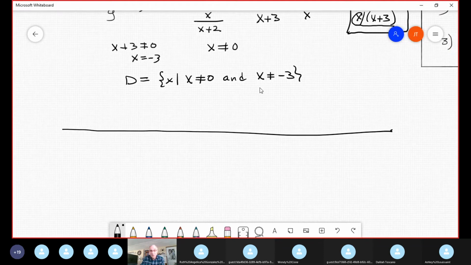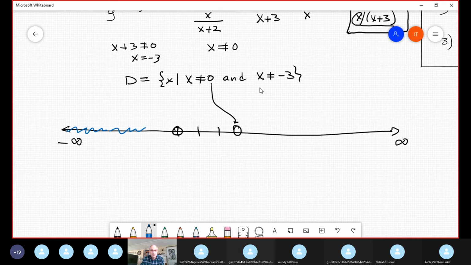Let's do it. I like the graphic representation so much to understand the thing. So at 0 we have a hole. This is 0. At negative 3 we have another hole. Negative 1, negative 2, negative 3. Therefore, this interval is good, this interval is good, and this interval is good.